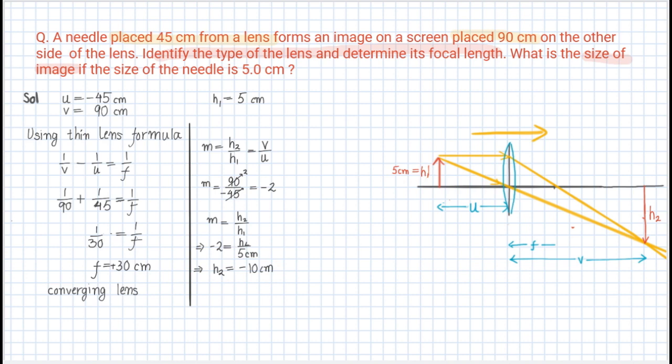That means the image formed is double the size of the object. If the question asks what kind of image or magnification it is, you can also answer one more point.